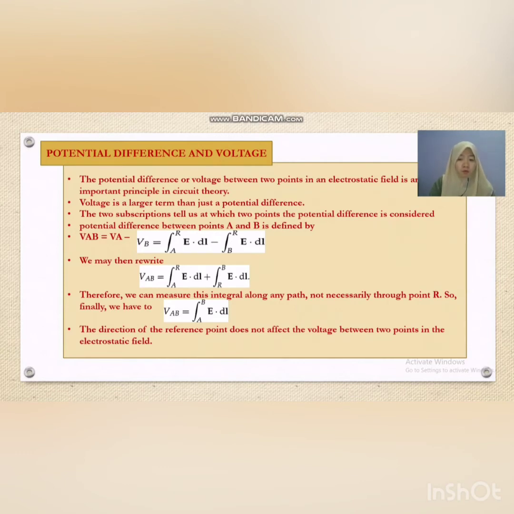Potential difference between points A and B is defined by this formula, VAB equals VA minus VB, and we may then write this in another form, and therefore we can measure this integral along any path, not necessarily through the reference point. So finally we write VAB equal to the integral of E dot dl. The choice of reference point does not affect the voltage between two points in the electrostatic field.